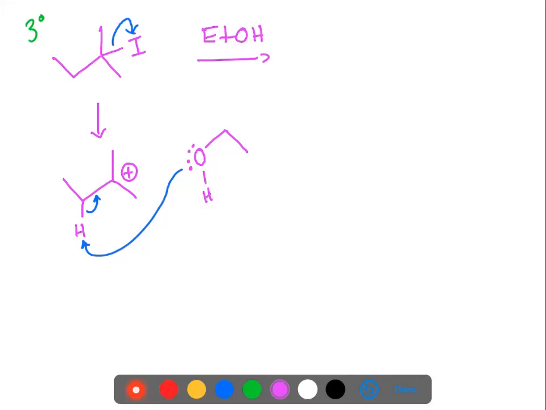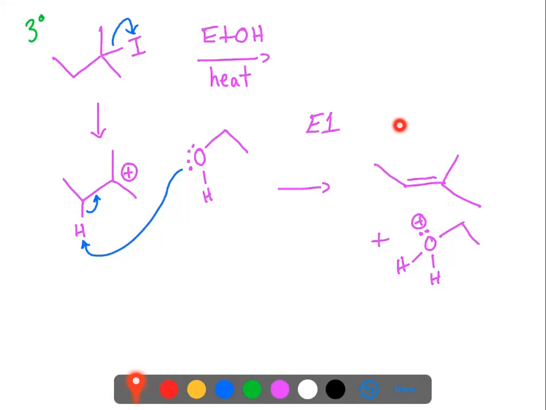And so the resulting alkene is shown. So what I've shown here is the favored product. This will be the major alkene that's formed via the E1 process.